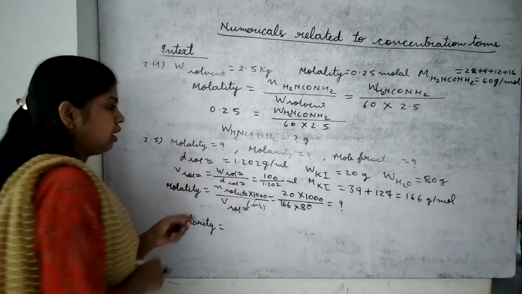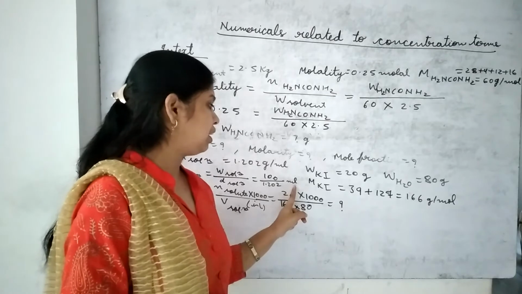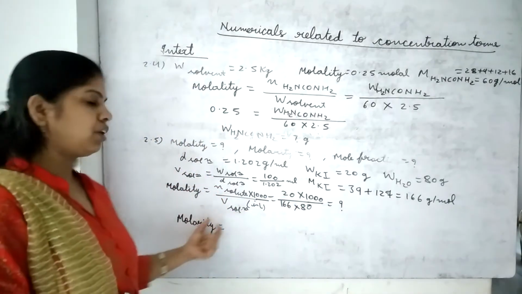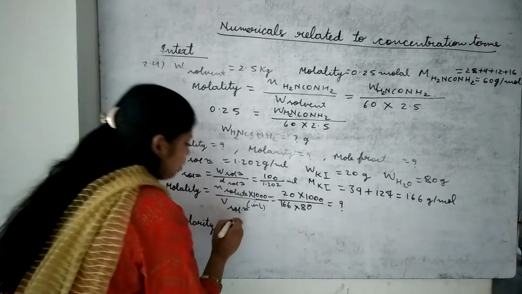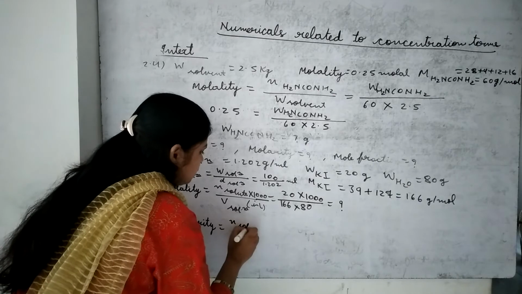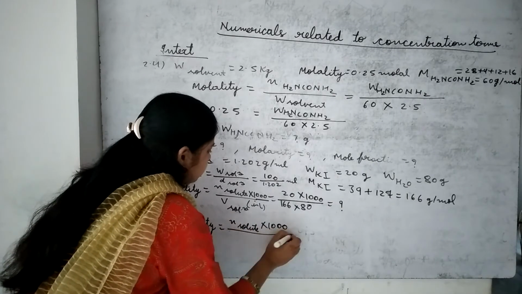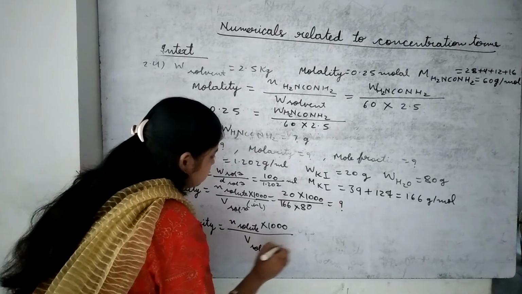Molarity. Here again volume is given in ml, so we'll convert it into liters by multiplying this formula with 1000. So number of moles of solute into 1000 divided by volume of solution.